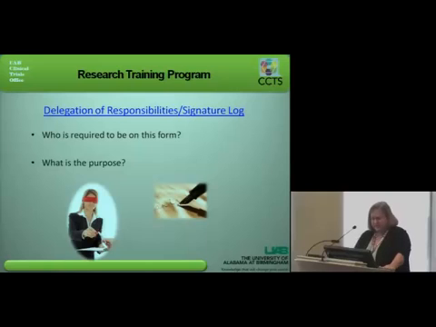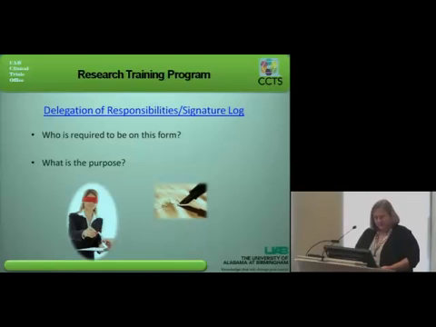Basically, this form lists duties that have been delegated by the PI to the study team. All study staff members, including study nurses, staff maintaining regulatory documents, pharmacies maintaining and/or dispensing the investigational product, lab staff who will be running specific laboratory tests, and staff entering data on the source documents or the case report forms are listed on this form.